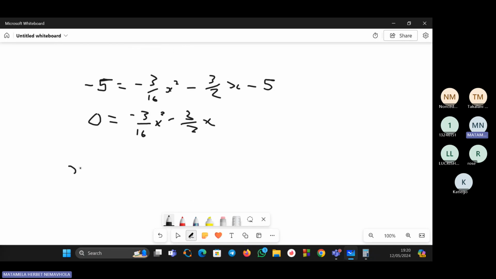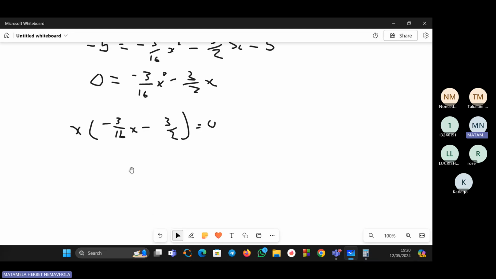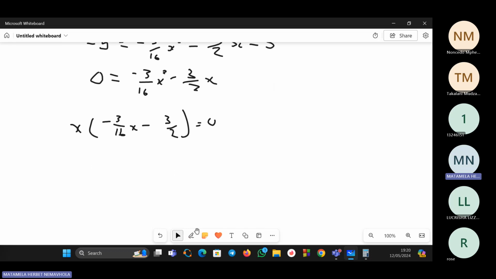For example, if you take x out, you're going to be left with -3 over 16 x minus 3 over 2 equal to 0. This 0 is this one there. Then you can say this is the same. If we divide by x, you're going to be left with -3 over 16 x minus 3 over 2 equal to 0.